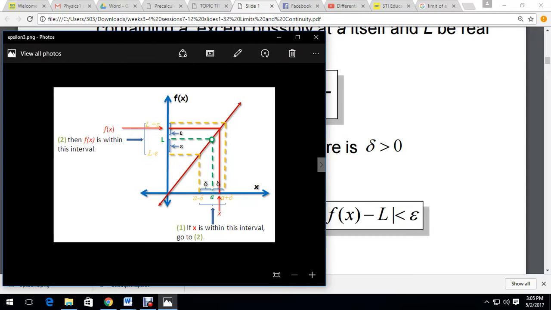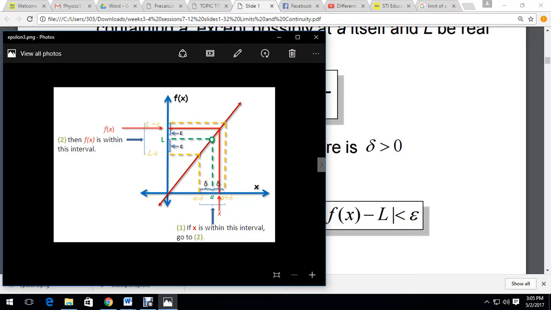Now, defining a particular delta at a particular value a, the approach of a means that you define the open interval a plus delta and a minus delta. This corresponds to what we call a delta neighborhood around the vicinity of a, and that would correspond to the interval which limits the location where we could find the value L.